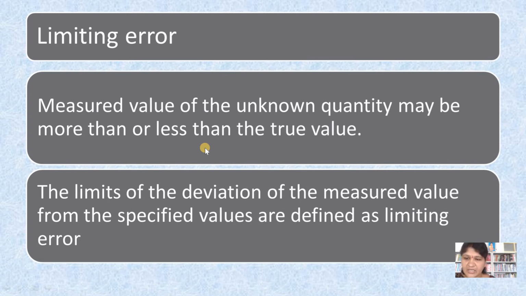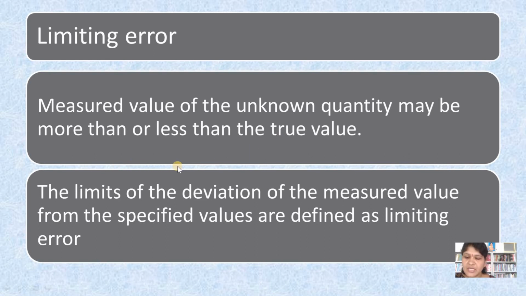It means that for the error we define the limits of the measured values: it can be greater than the true value by this much, or less than the true value by this much. So the measured value of the unknown quantity can be more than or less than the true value.